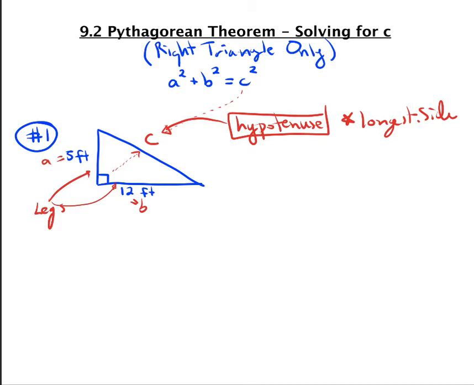Now, when we solve with the Pythagorean theorem, we have some steps that we show. So the first thing we do is write the formula down. Second thing we do is substitute. Third, we solve.